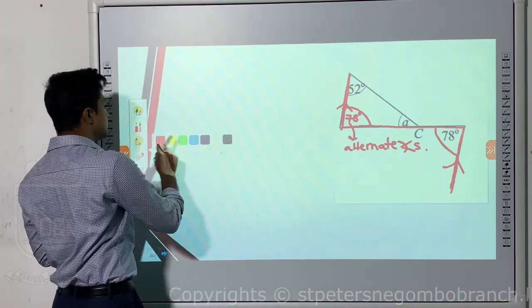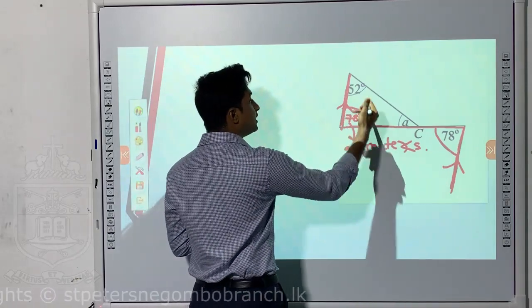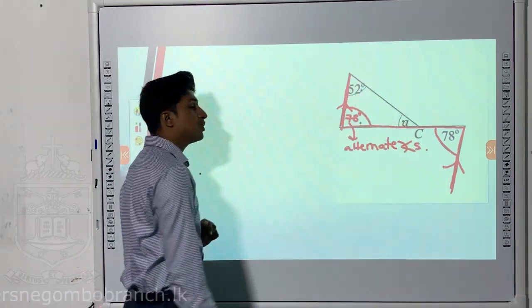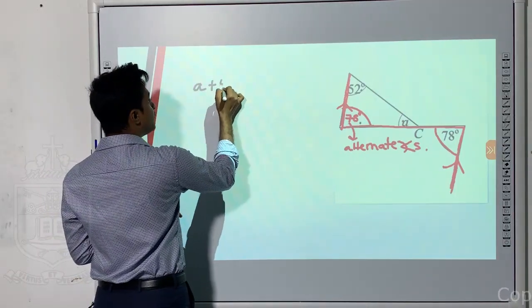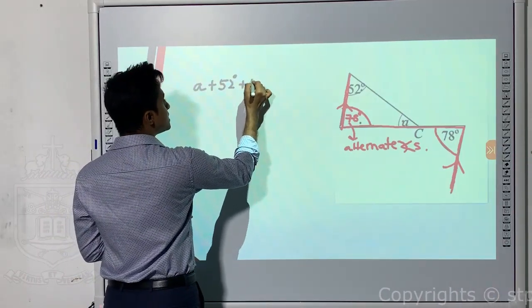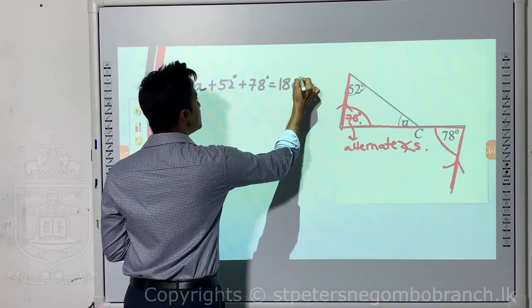Now we have to go to the answer. So now see, this is 78, this is 52, this is A. So you have to find the value of A. Then A plus 52 plus 78 is equal to 180.